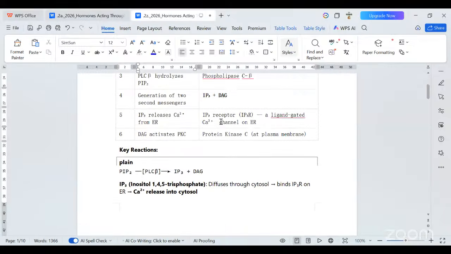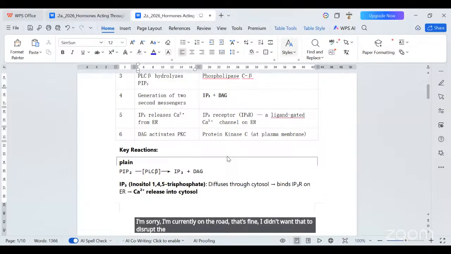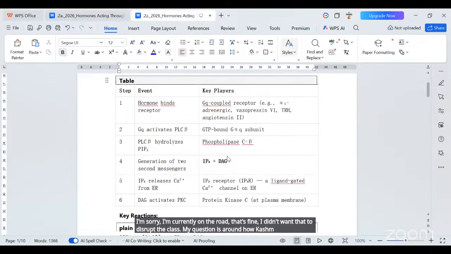You're muted. Are you there? Is Iyoluwa still there? Hello, ma. Can you hear me? Yes, I can hear you. I'm currently on the road. That's fine. I do not want that to disrupt the class. My question is around how calcium is gotten from the body. You were trying to explain that, but I was struggling to hear the things you said.